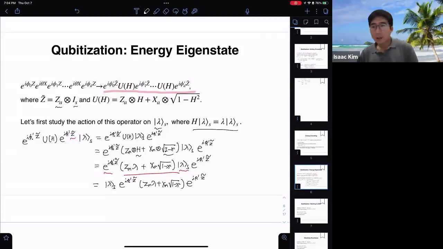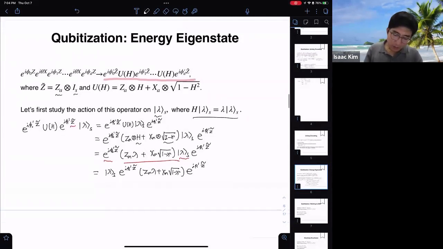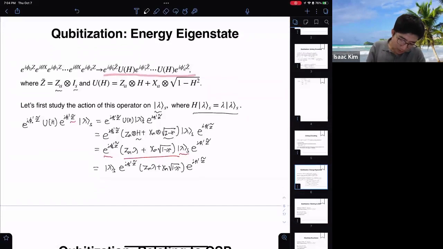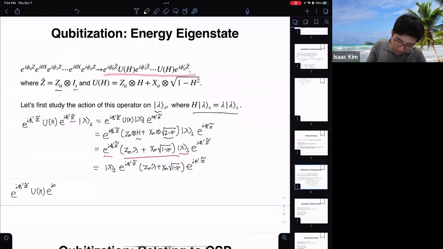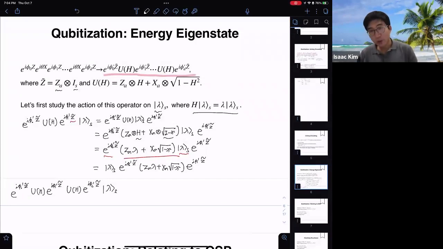And you can see that this argument can be repeated. What I mean by that is, consider this slightly more non-trivial case, and imagine applying this operator to the lambda eigenstate.